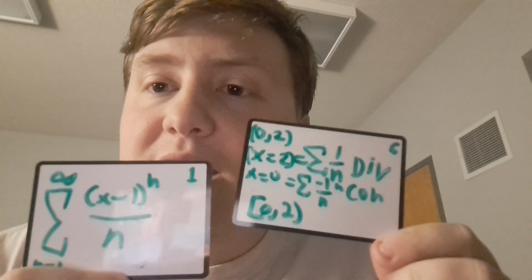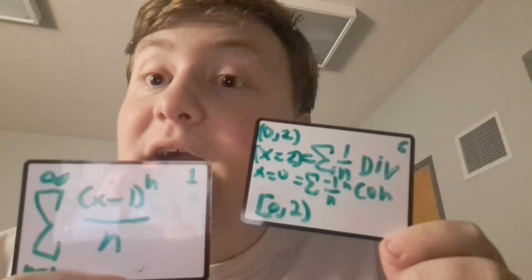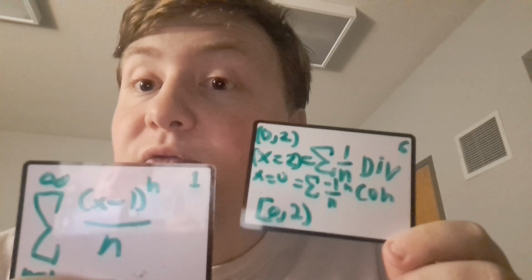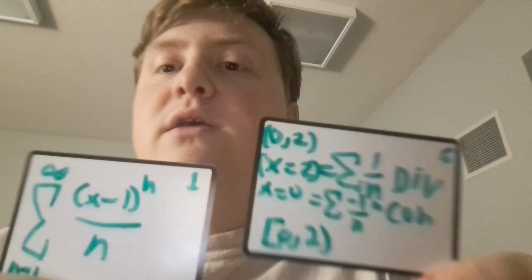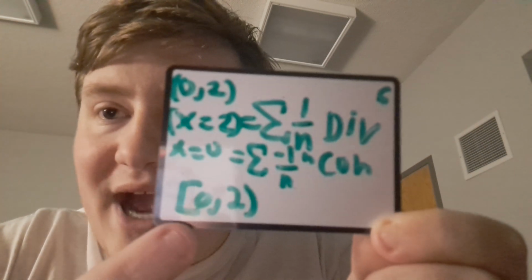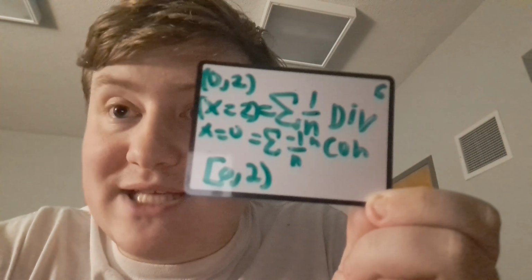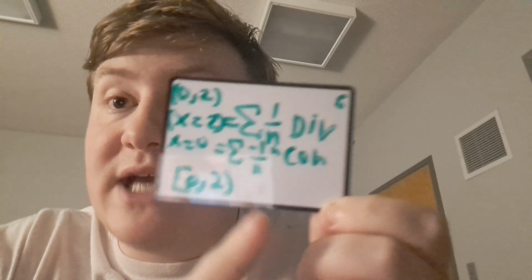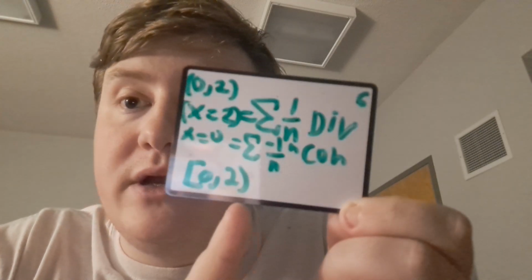And when you plug in x equals 0, you actually get the series negative 1 to the n over n, which is an alternating harmonic, so it converges. Which means, as you can see there, with that nice little bracket, that it's closed on that side of the interval. Now, because it diverges at 2, it's open. So that can tell you if it's closed or open.